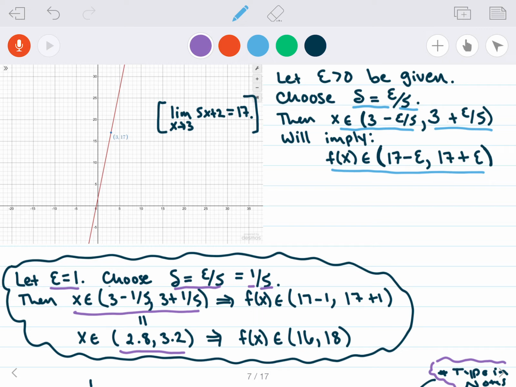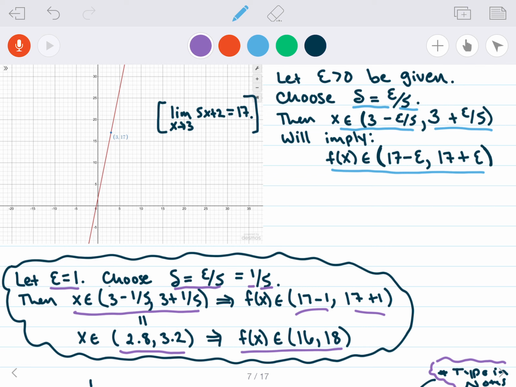should imply that my f of x, if I apply f to any of these x's in here, is in the neighborhood L minus epsilon, L plus epsilon, which happens to be 16 to 18.